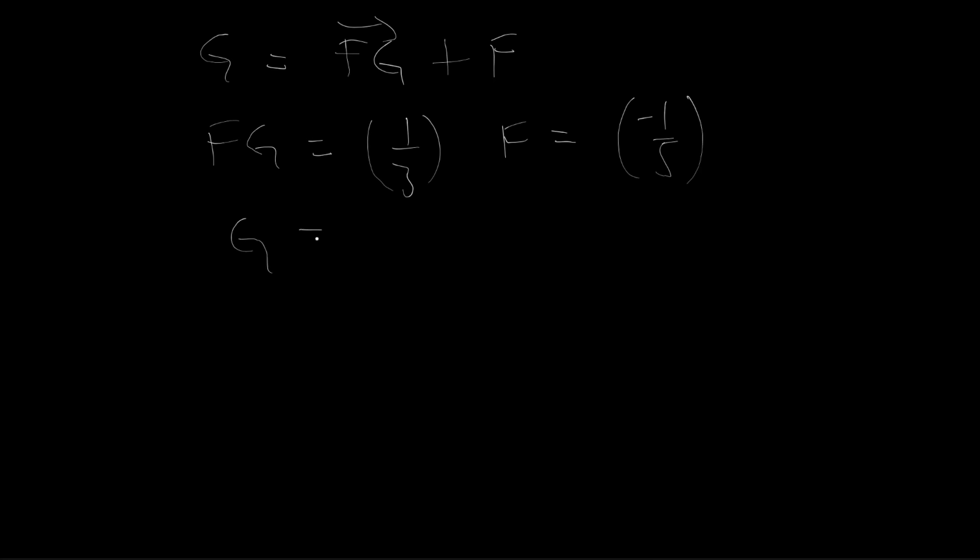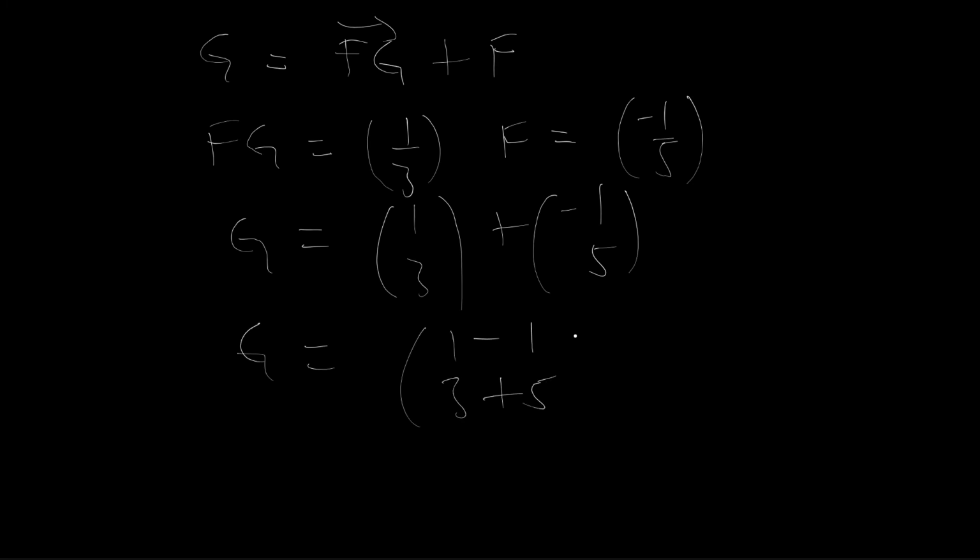So our G would be (1, 3) plus (-1, 5). So our G should be 1 minus 1, 3 plus 5, which should be (0, 8).